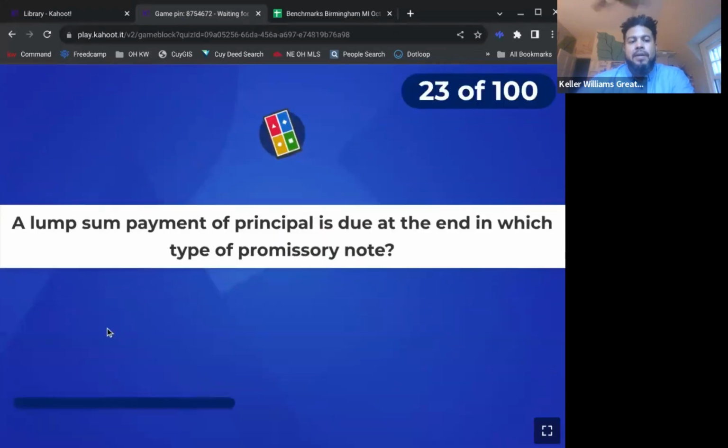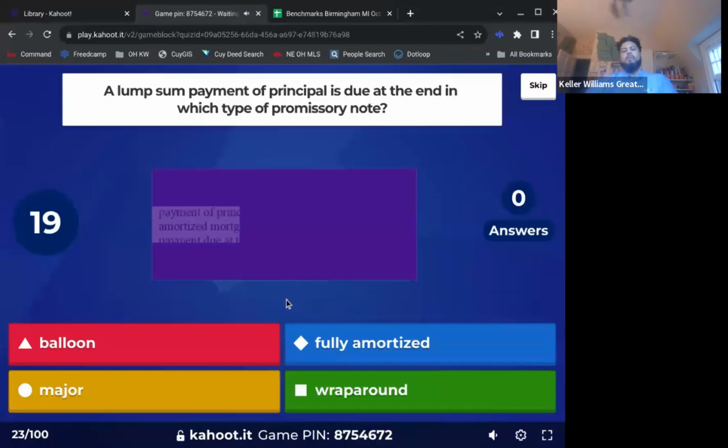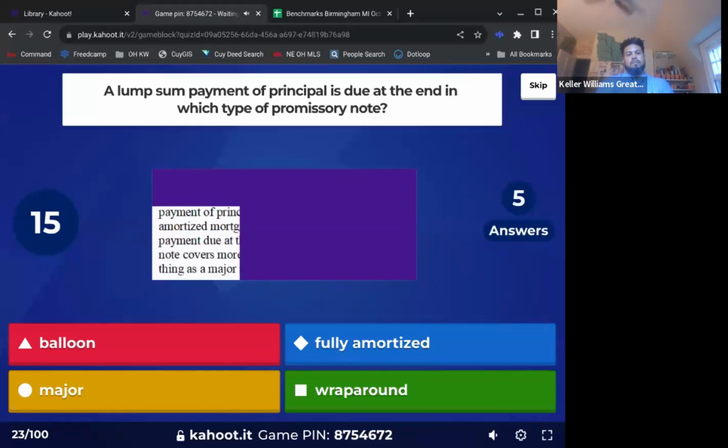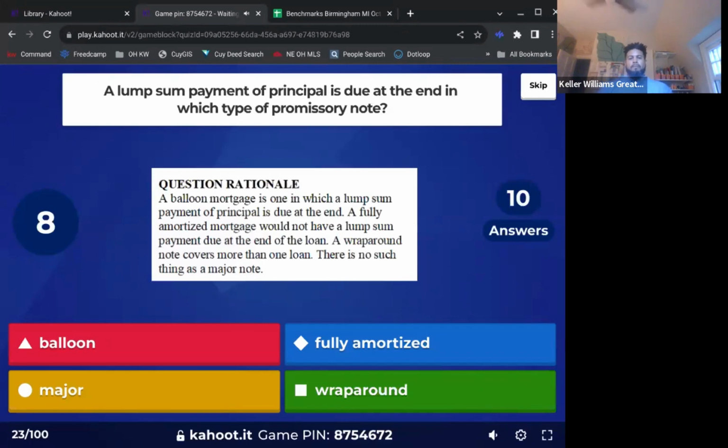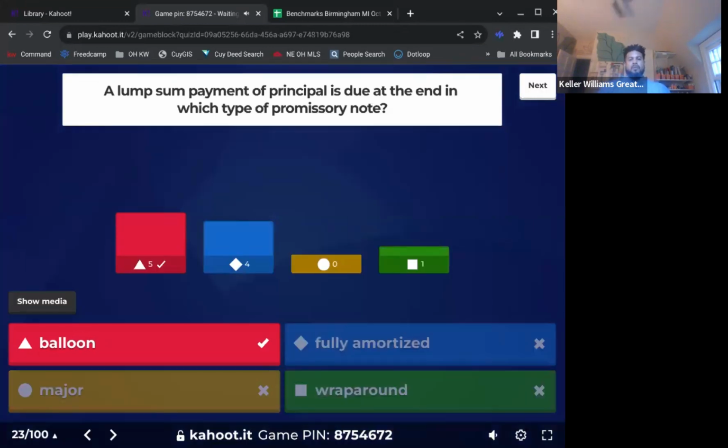A lump sum payment of principal is due at the end in which type of promissory note? A balloon. So remember, fully amortized means that there's no lump sum payment.